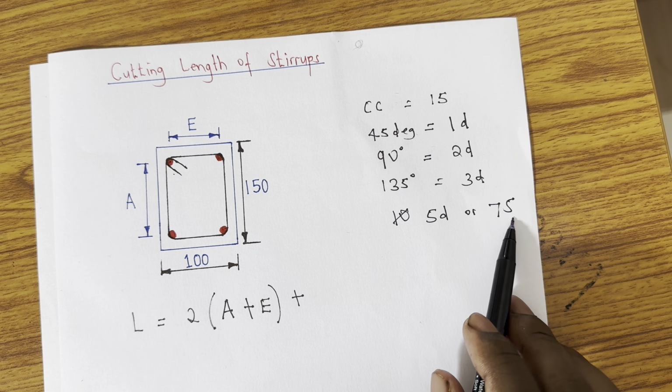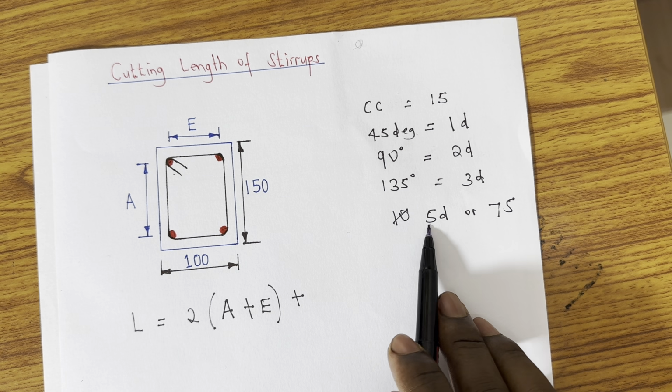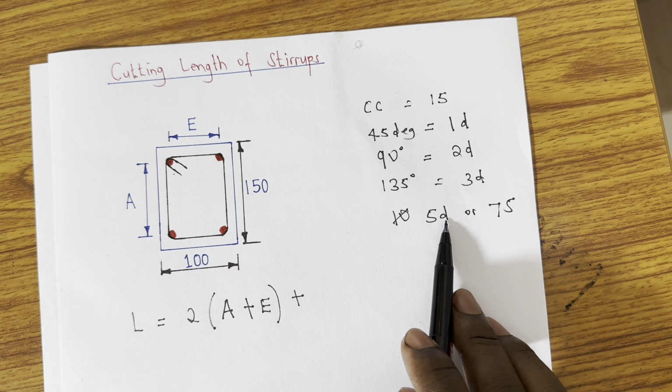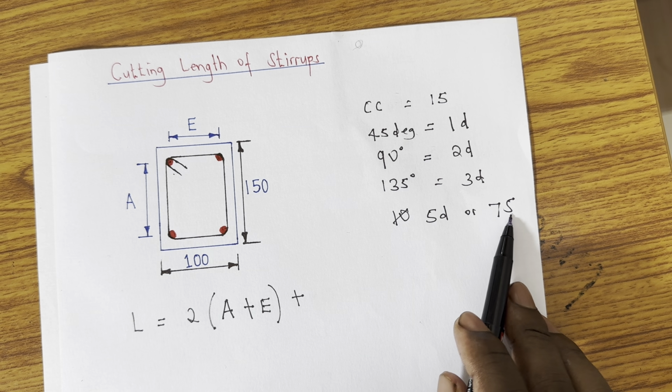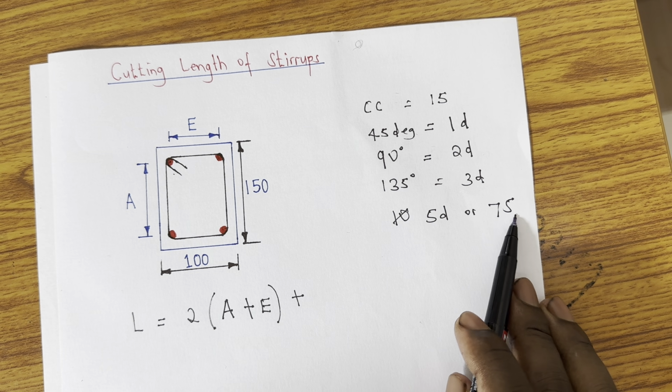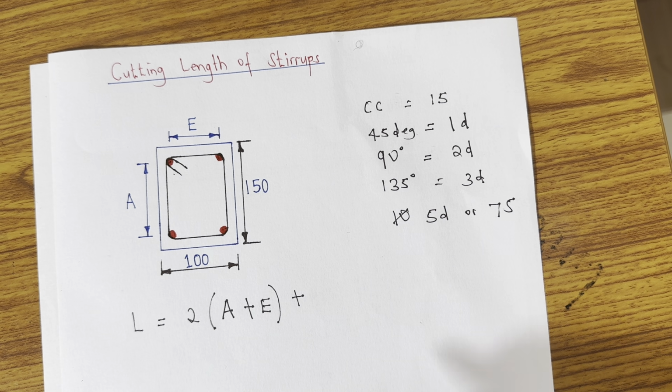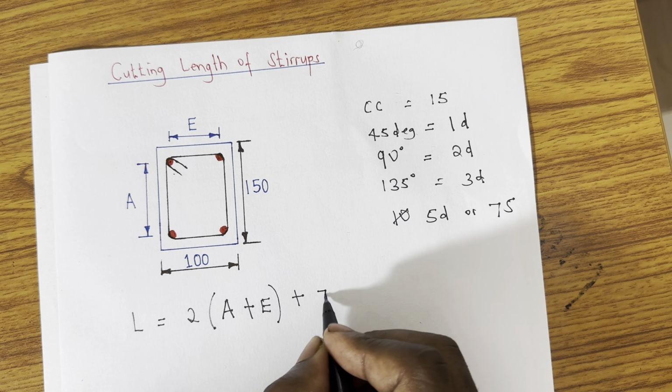Whichever is bigger, you consider. So this is 5 times the dia of the stirrup, which is 6, so this would be 30 or 75. In this case, we take 75 because 75 is bigger. So that means my hook length will be 75.